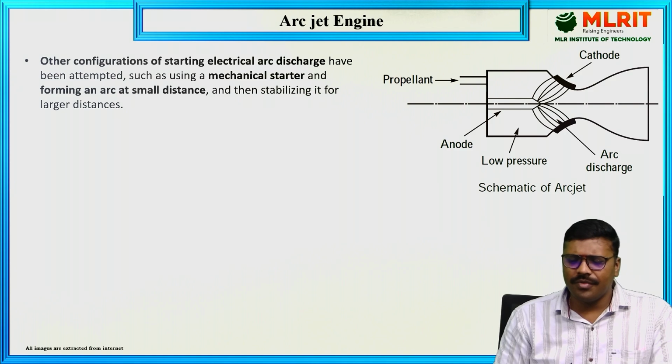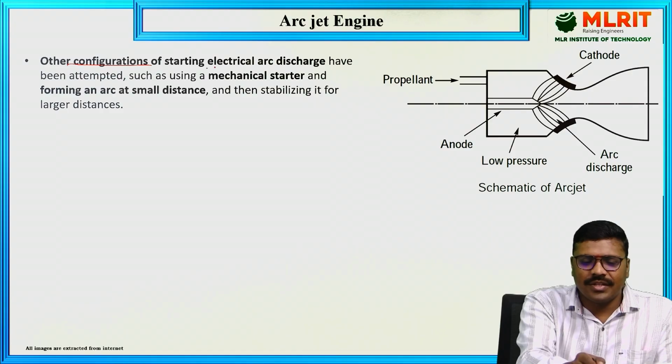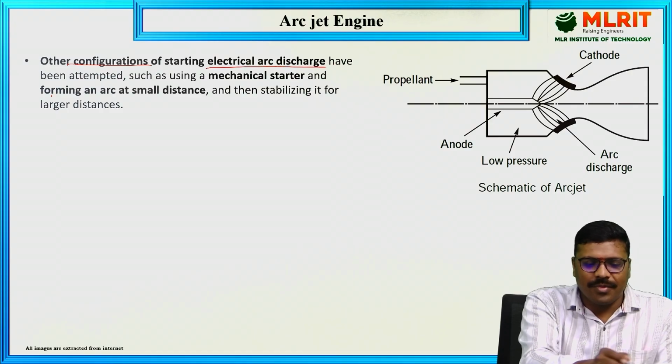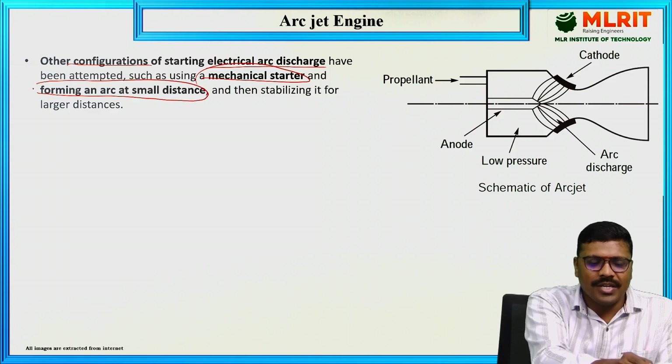We can even use some other techniques to initiate the arc. There are other configurations of starting the electrical discharge that I have attempted, such as using a mechanical starter and also forming an arc at a small distance and then stabilizing it for a larger distance.